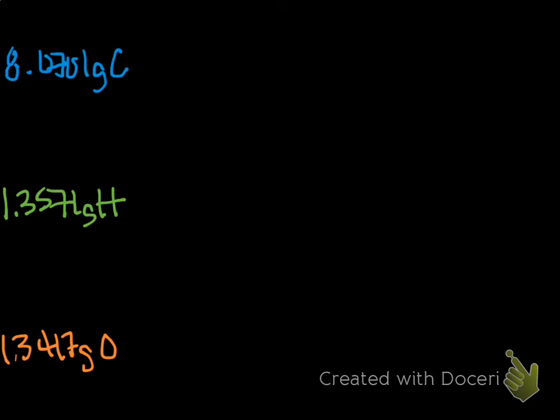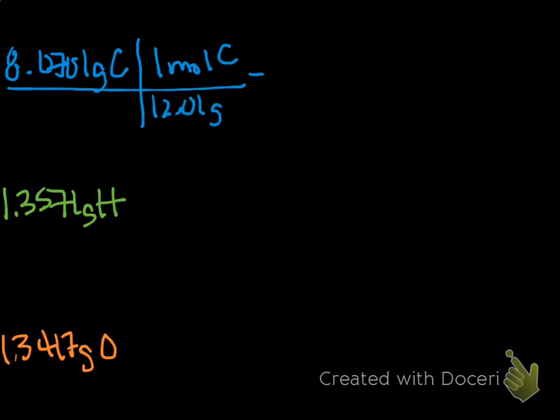So I'm going to go back up here to carbon, and now I'm going to convert all 3 of these to moles, and what I'm looking for is the lowest whole number ratio. So 1 mole of carbon, I'm using molar masses again, 12.01 grams of carbon. So from that I get 0.6720 moles of carbon. Then I go to my next one.